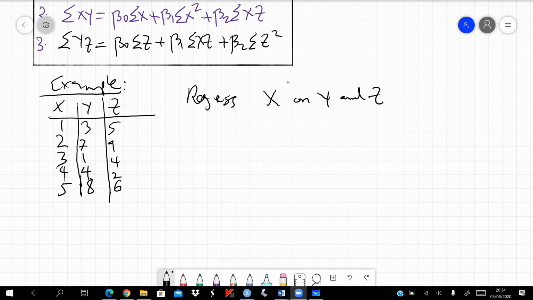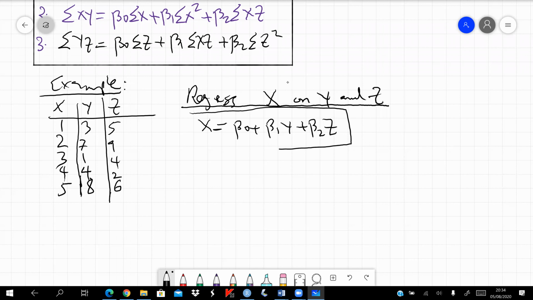If you are regressing X on Y and Z, the required regression equation is of this format: X is equal to beta naught plus beta 1 of Y plus beta 2 of Z. That's the equation that we are trying to fit.